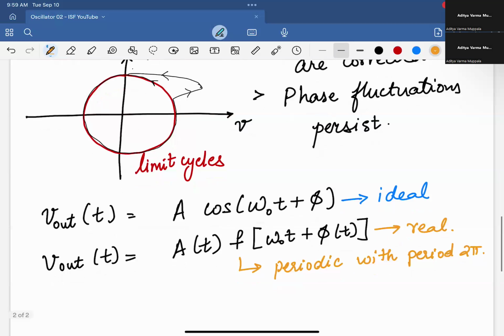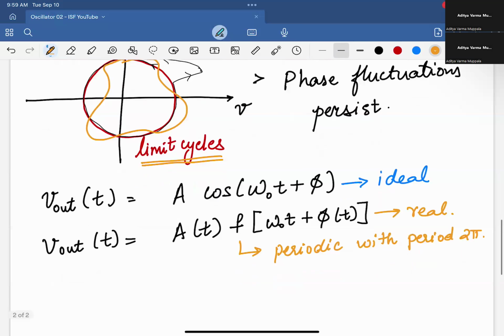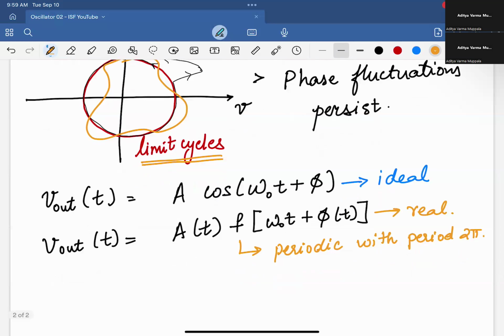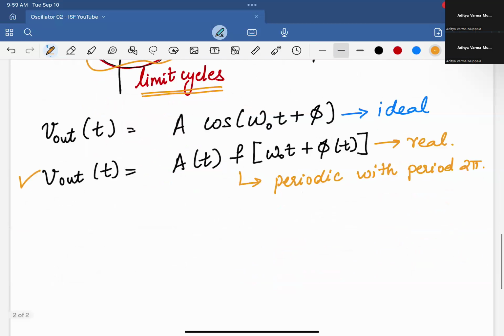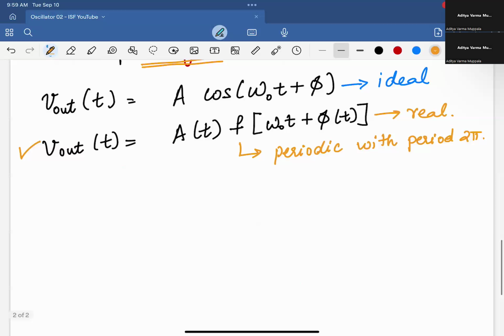This resembles more what we're talking about here, which is these limit cycles, right? It doesn't have to be a perfect circle. It can be sort of oddly shaped. It could be something like this. So we'll study what these limit cycles look like and how to model them.